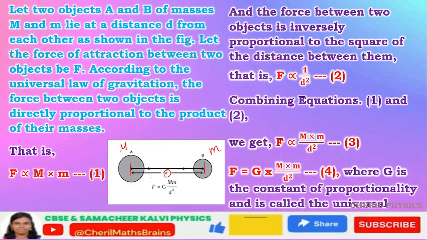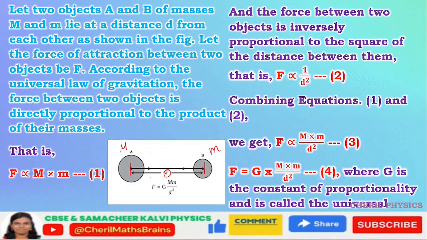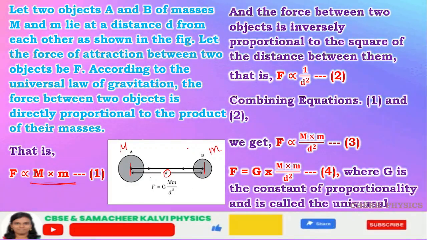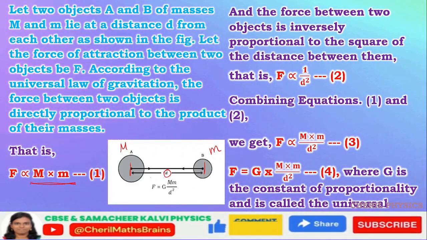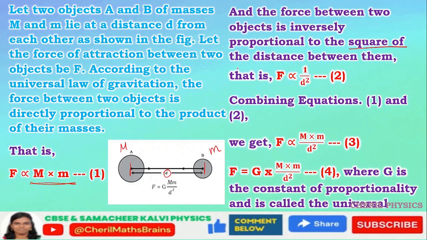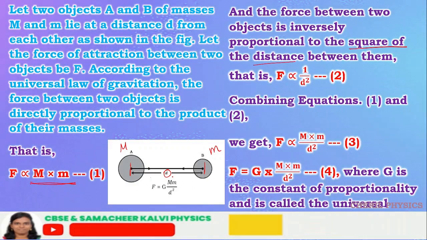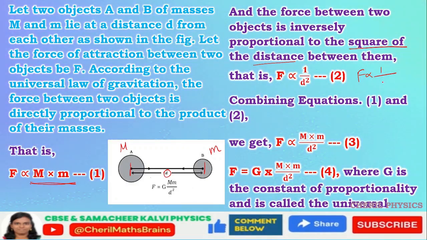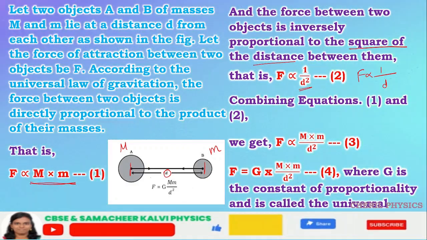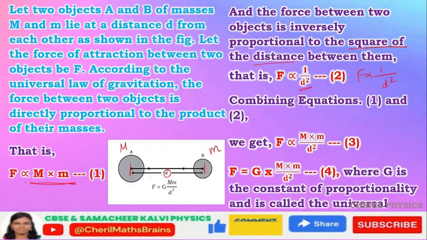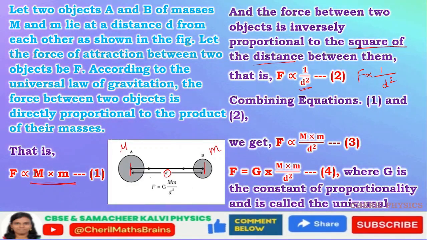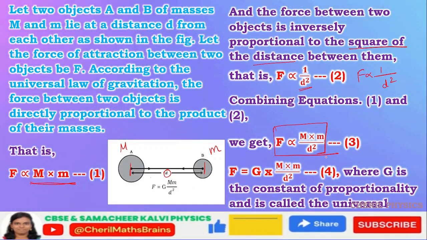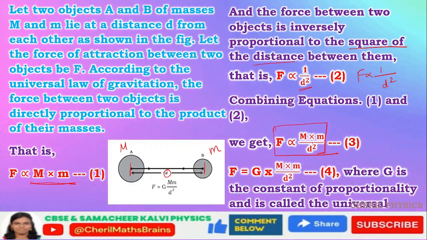As per the universal law of gravitation, we know that the force is directly proportional to the product of their masses, and it is inversely proportional to the square of the distance between them, small d. Inversely proportional means it will be 1 divided by d square. Here also we have F. You can combine these both and write F is proportional to capital M into small m divided by d square.